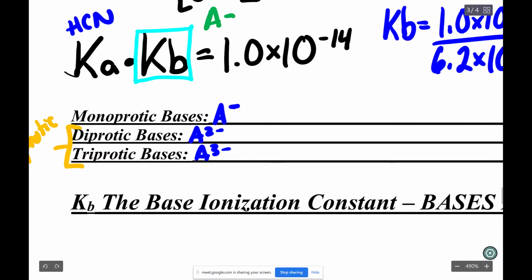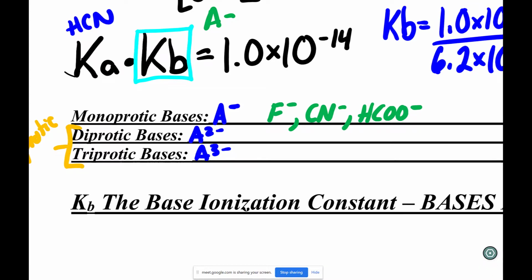So examples would be something like F-, CN-, HCOO-, but none of the ones which are neutral.